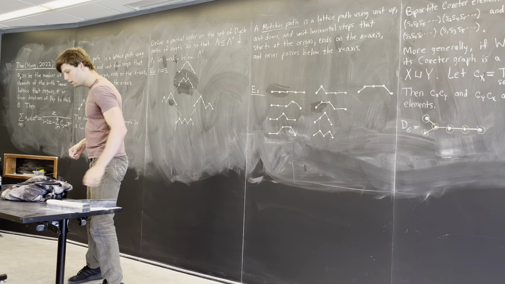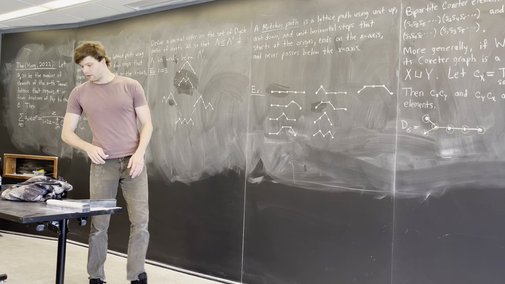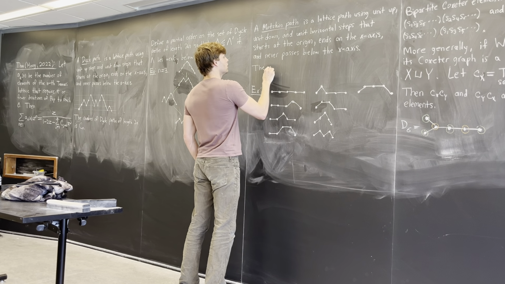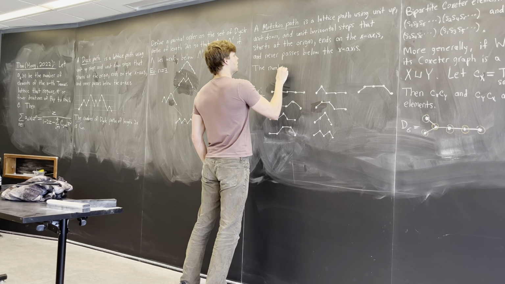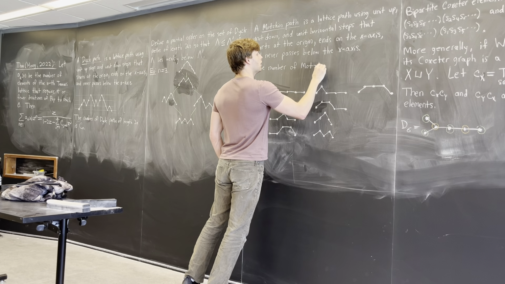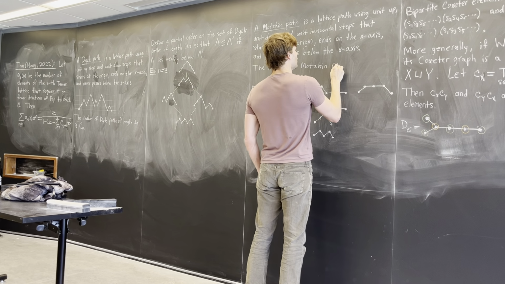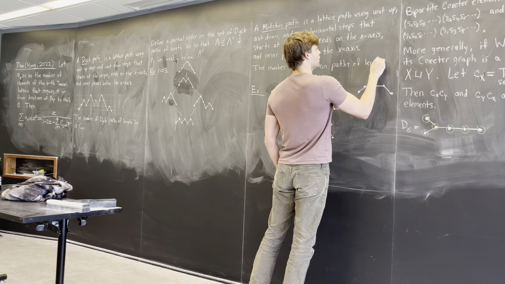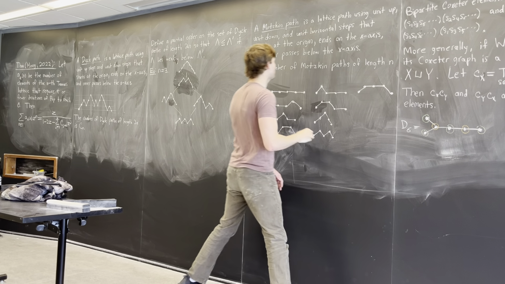So the number of Motzkin paths of length n is called the nth Motzkin number.